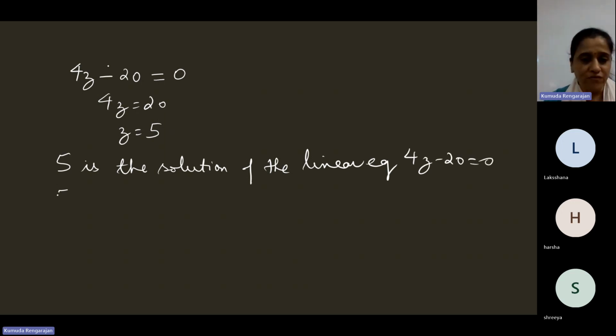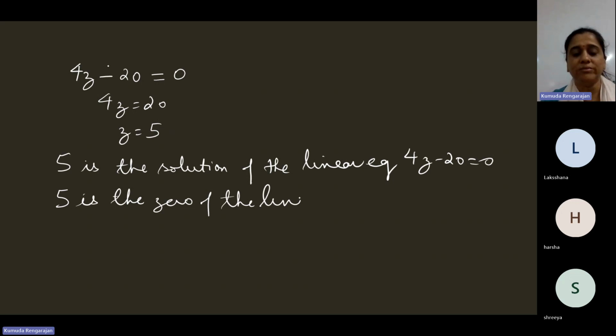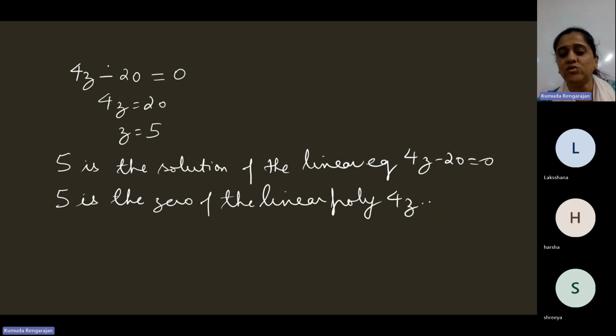Now the same number 5 is the 0 of the linear polynomial 4z minus 20. That same answer you got, 5: when you say linear polynomial, you must say 0. For a linear equation, we say solution. That's all.